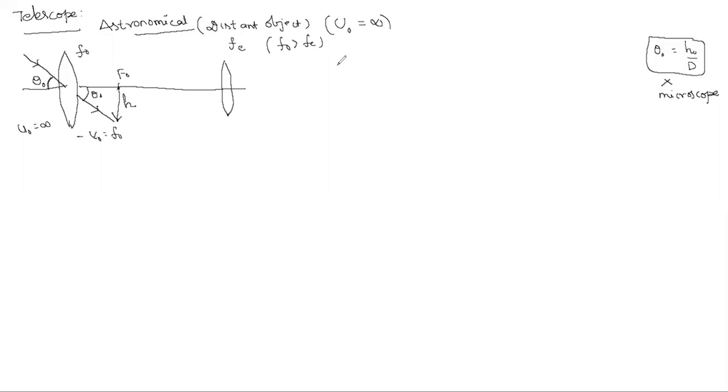So theta O here, can I write theta O equals h by f naught? Opposite side by adjacent side, tan theta naught. For paraxial rays, tan theta naught is theta naught. So this is theta O for the telescope.